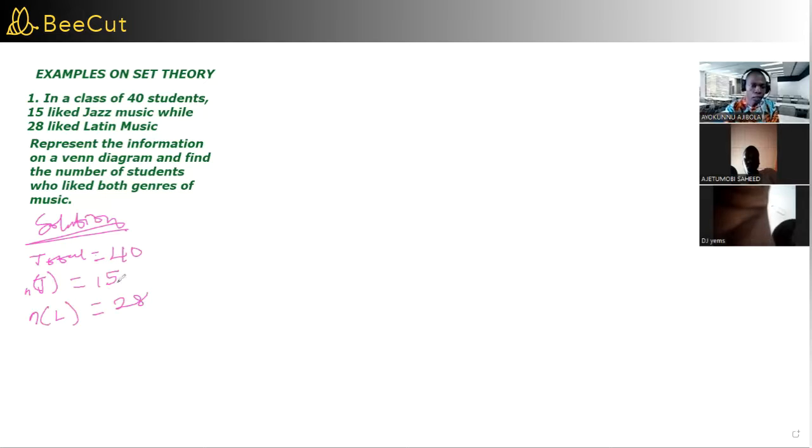And if you add 28 and 15 together, that is already greater than 40. So with that, we see that there is something there that is not usual, and that is where the Venn diagram comes in.